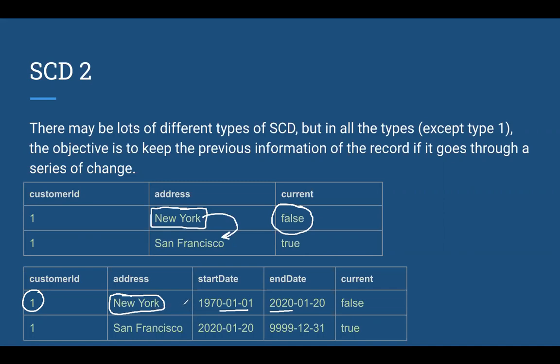But if you want to know, say, on 1st of March 2020, what was the location of the user? We can again take advantage of the start and end date to decide that the location is San Francisco. Again, we can have one additional column, which will be true or false. This becomes kind of optional. You may or may not have it, because by comparing the current date against the pair of start and end dates, we can certainly get information like what the current record is.